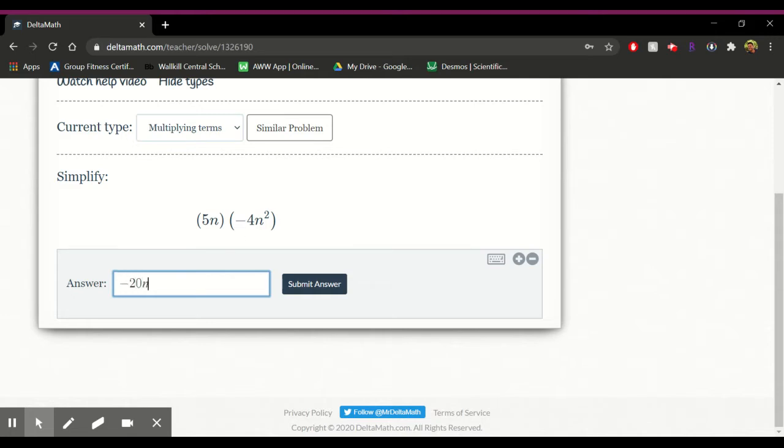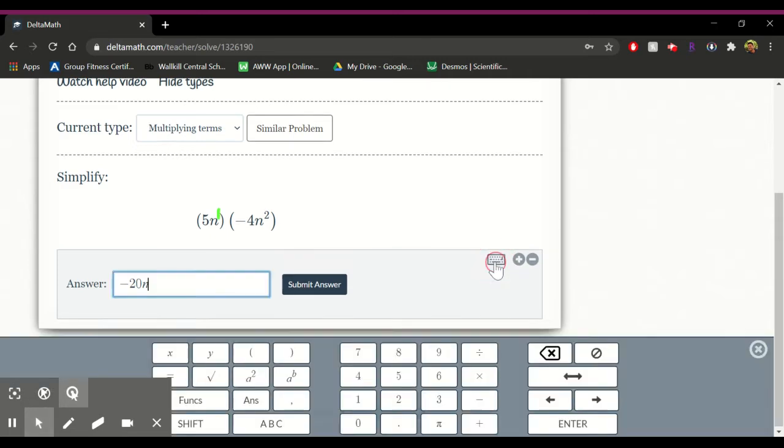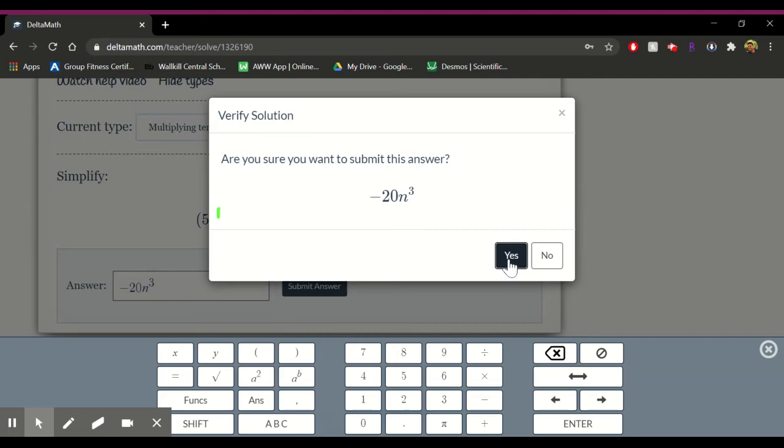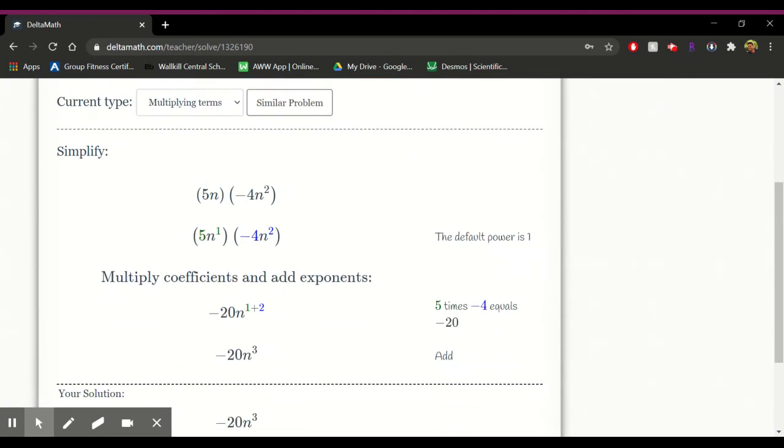Keep the base, and remember we have a little 1 here. 1 plus 2 is 3. So I'm going to switch to my keyboard. Go to the third power. So 1 plus 2 is 3. Submit. Bam. Okay, so that's when you multiply terms.